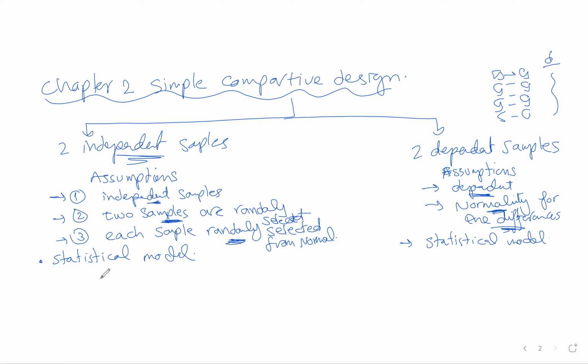The statistical model for independent samples is Yij equals mu plus tau i plus epsilon ij, with i equal 1 and 2, j equal 1, 2, up to little n. For the dependent case, it is Yij equals mu plus tau i plus beta j plus epsilon ij, with i equal 1 and 2, j equal 1, 2, up to n.